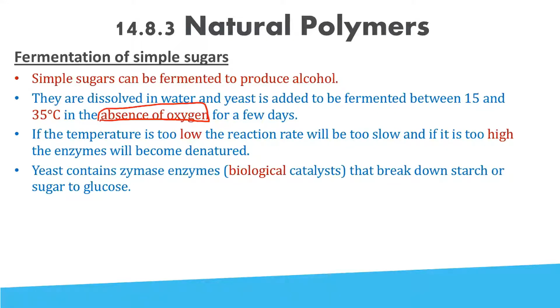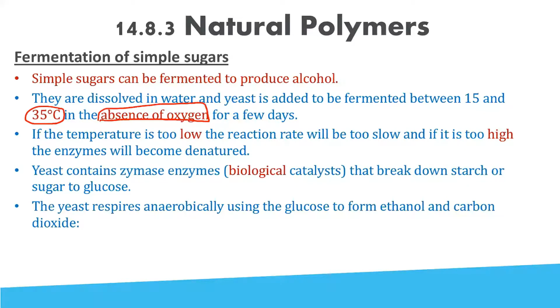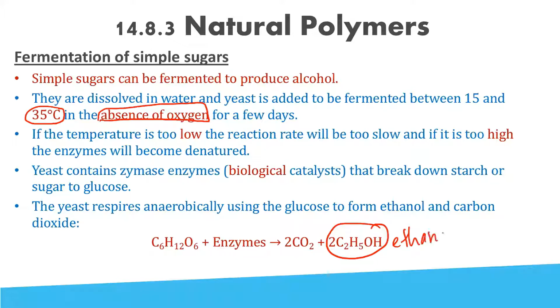And it should be a low temperature, not more than 40 degrees Celsius, usually 35 to 41 or 42 degrees Celsius. It converts glucose into carbon dioxide and specifically ethanol. So this was mentioned as one of the industrial processes of making alcohol or ethanol.